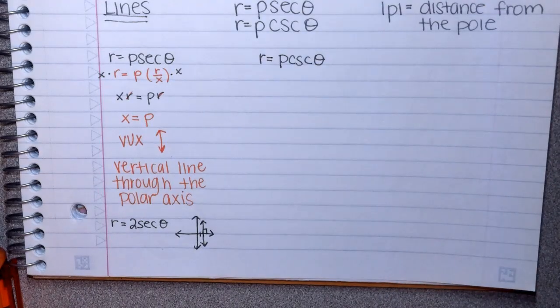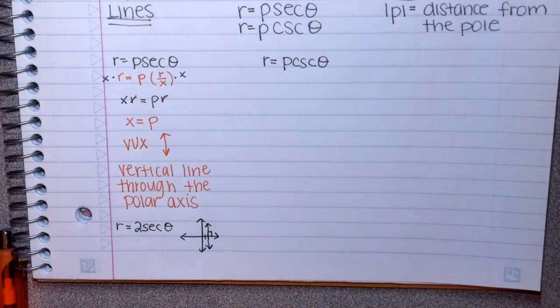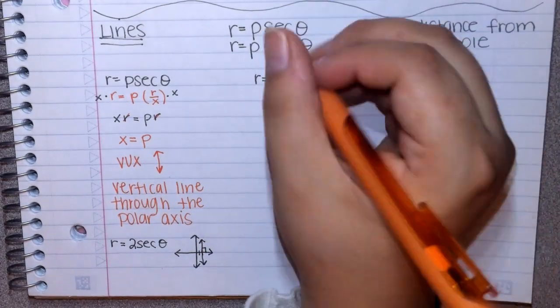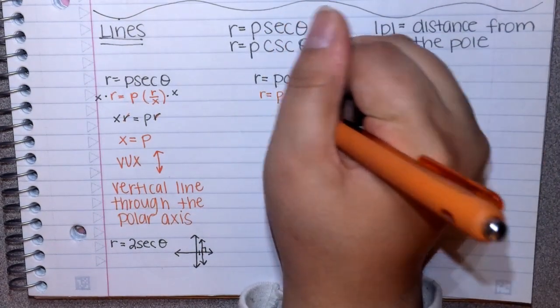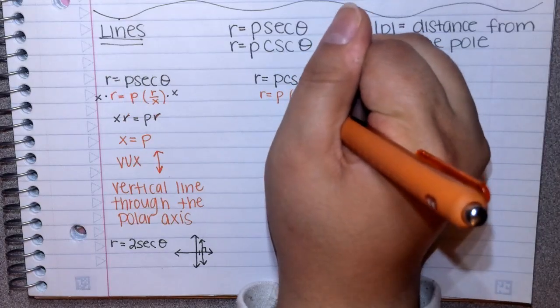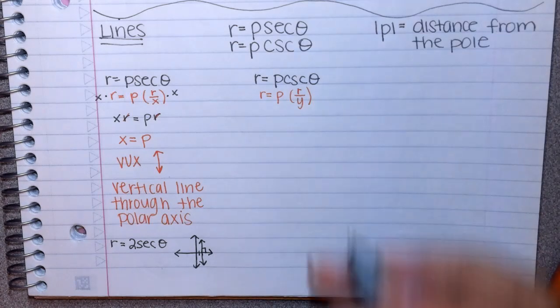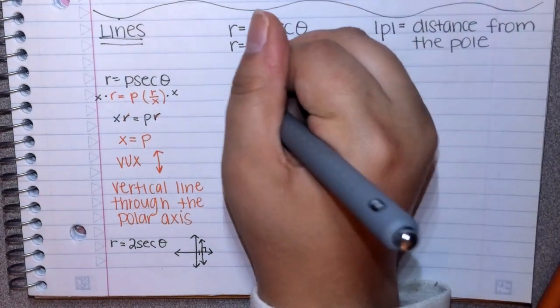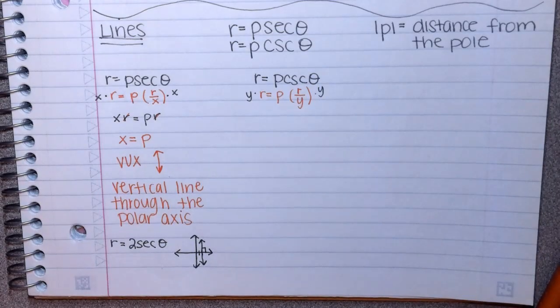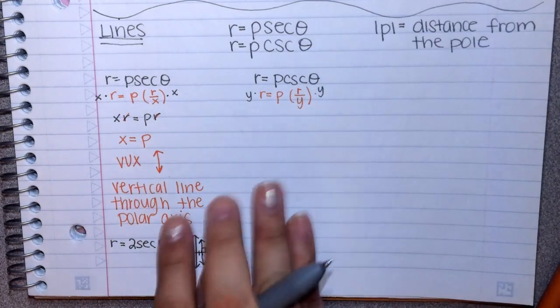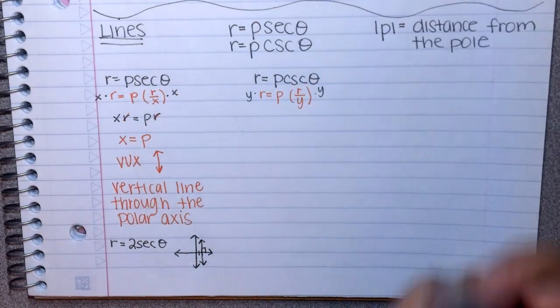R equals P cosecant of theta. Cosecant is the reciprocal of what? Sine. So I'm going to get R equals P R over Y. Am I going too fast? A little bit? Okay. And by the way, this is just me proving it. You're not going to have to do any of it. You're just going to have to graph it.